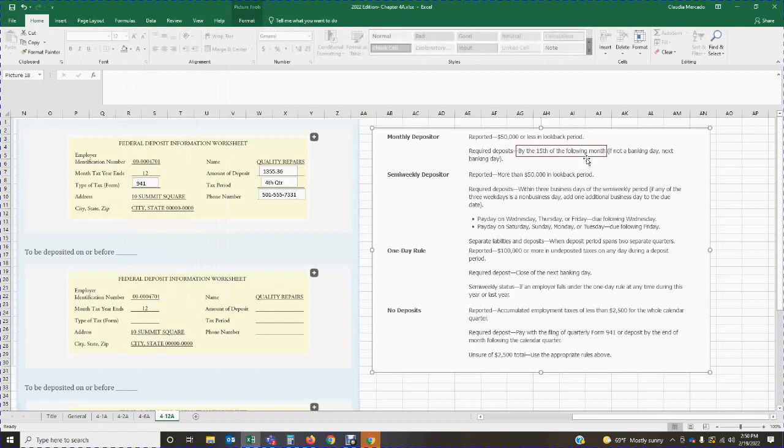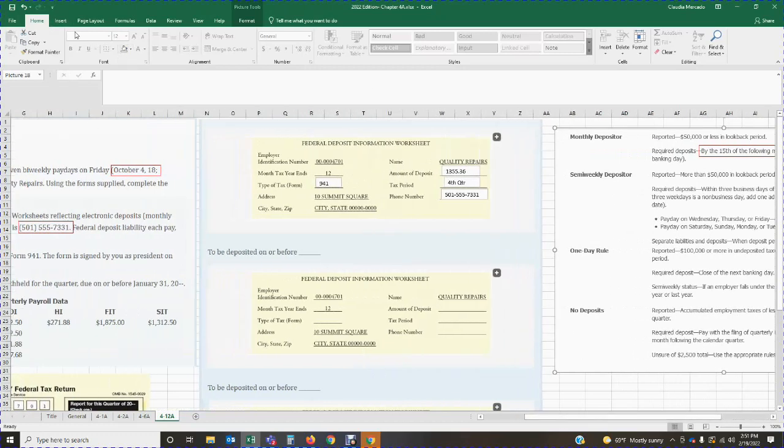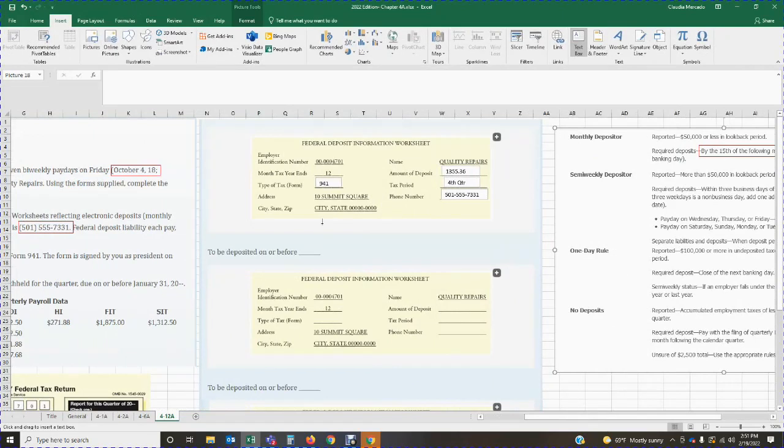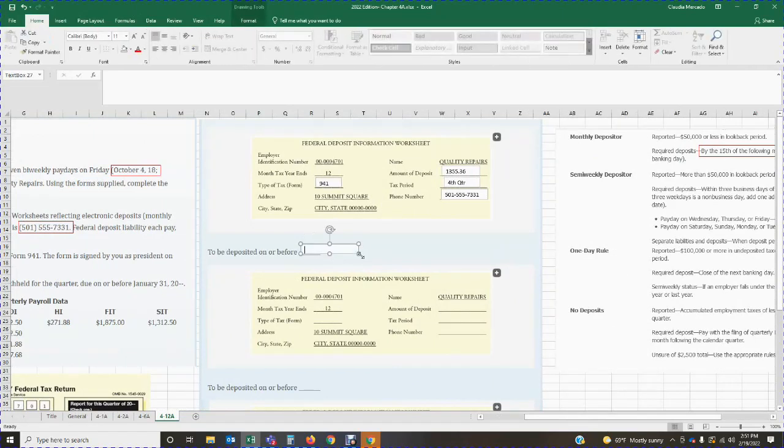Okay? So that means that for October, we're going to make the deposit on the 15th of November. Let's do 20XX because we don't know the year.